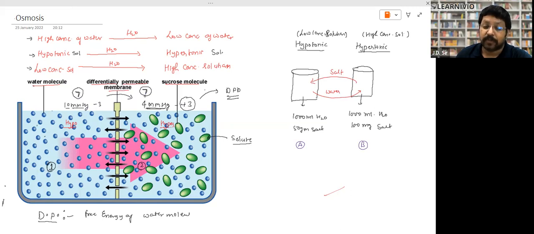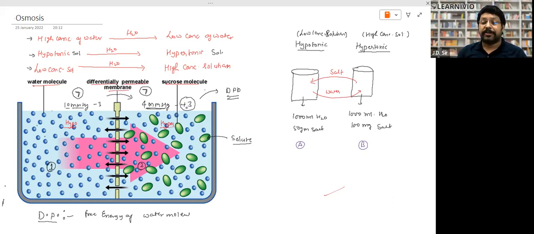What should it be? 3 more, right? So here 3 mmHg more diffusion pressure is required. So what is the deficit? The deficit is 3 mmHg. So the water will keep moving from cell 1 to cell 2 until it achieves equilibrium. So we can say 3 mmHg is the DPD, diffusion pressure deficit.